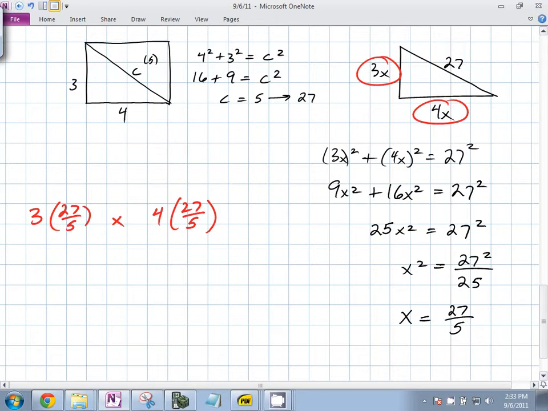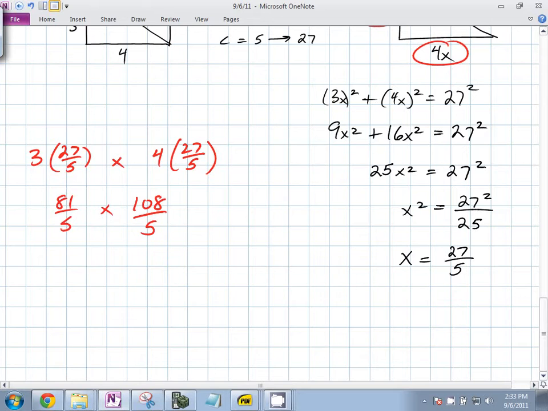Did anybody do this on their calculator? 81 fifths by 108 fifths. What's 5 into 81? So that's 16 point what? 2 by 21.6. Yeah, there it is.